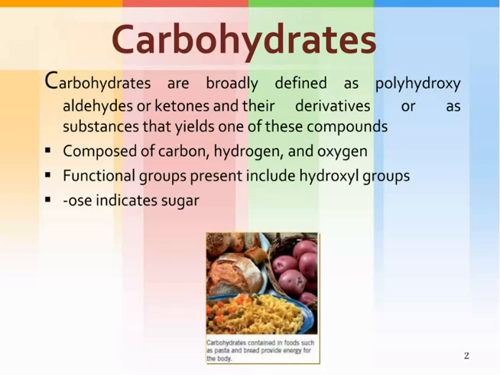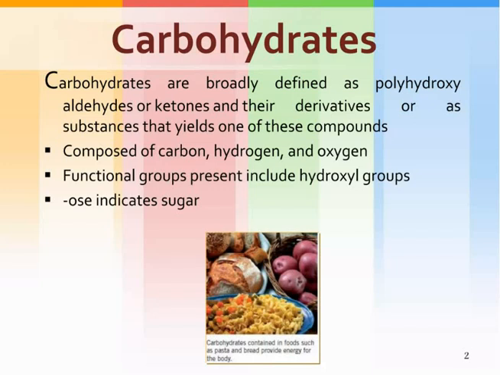So polyhydroxy means many OH, and aldehyde CHO functional group or ketones and their derivatives, or as substances that yield one of these compounds. You know, my friend, carbohydrates are composed of carbon, hydrogen, and oxygen.